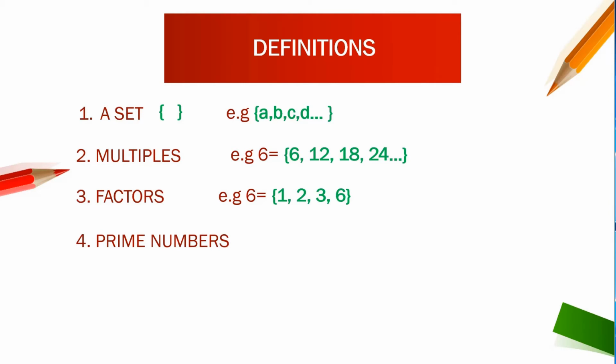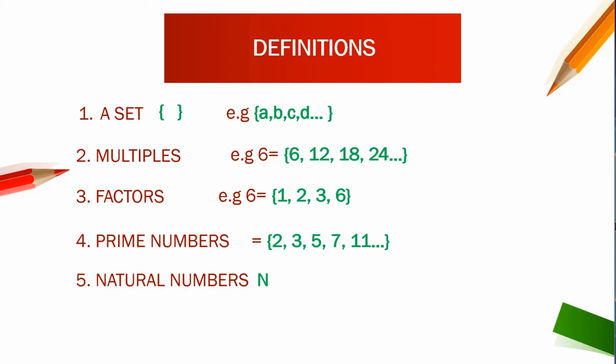For example, a set containing prime numbers can be 2, 3, 5, 7, 11, and so on until the parameter has been met. Our fifth definition is natural numbers. Natural numbers are the counting numbers 1, 2, 3, and so on in like manner. Natural numbers are represented by the letter N, which looks like this.